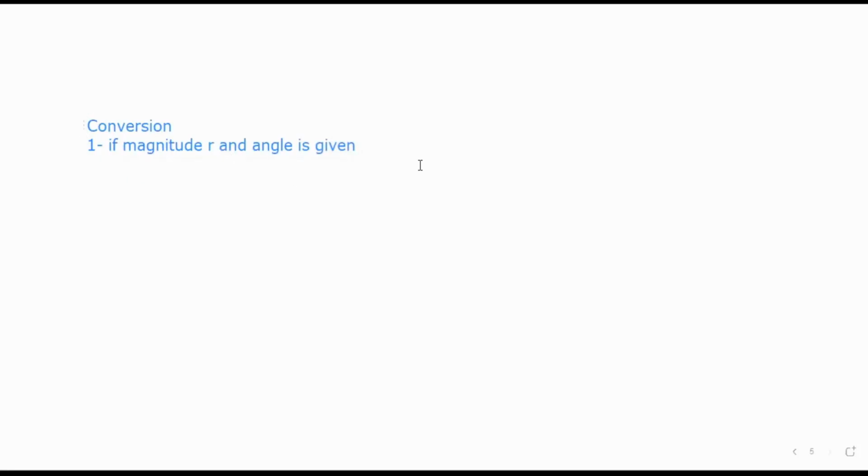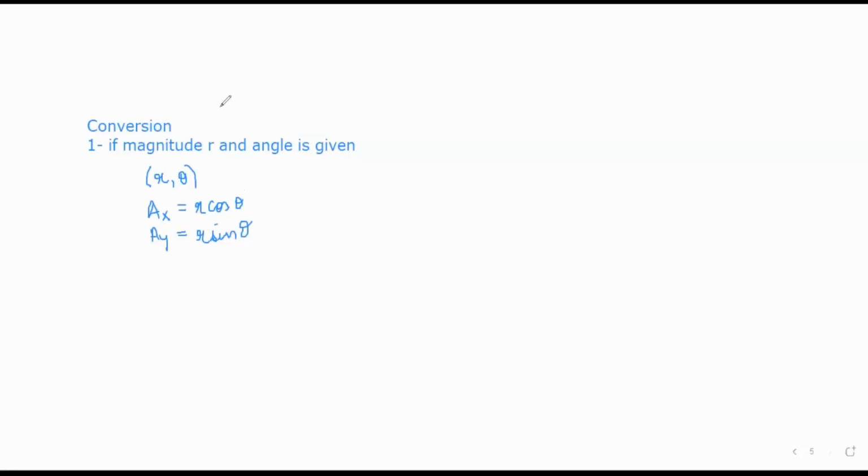We have seen these relations just now. The information given to us is r comma theta, and we want to calculate ax and ay. So from that previous diagram, we can simply say ax is equal to r cos theta and ay is equal to r sin theta.